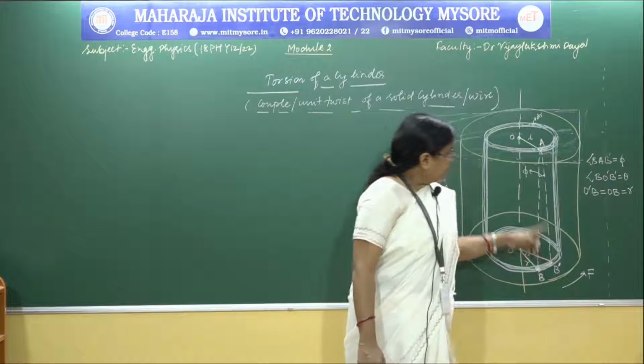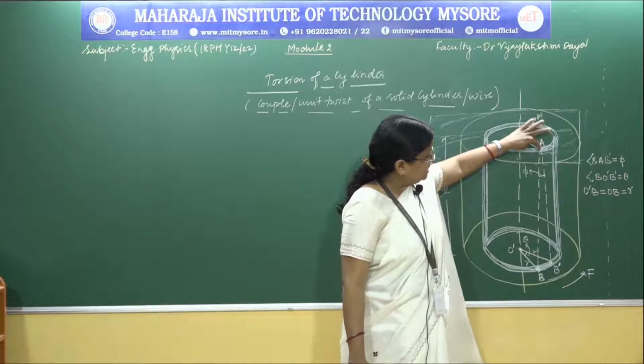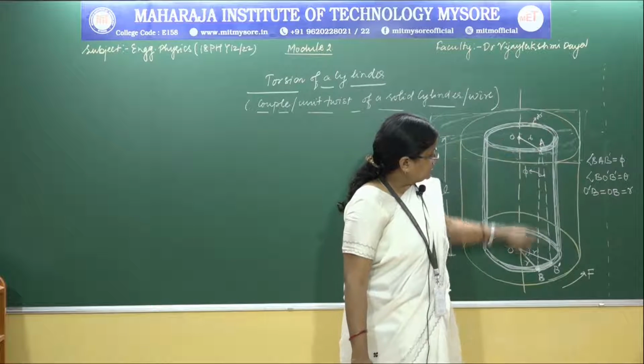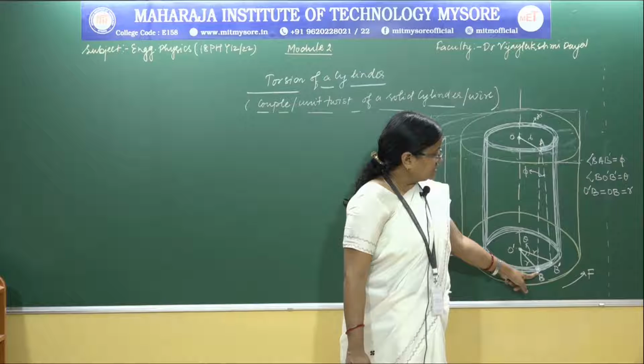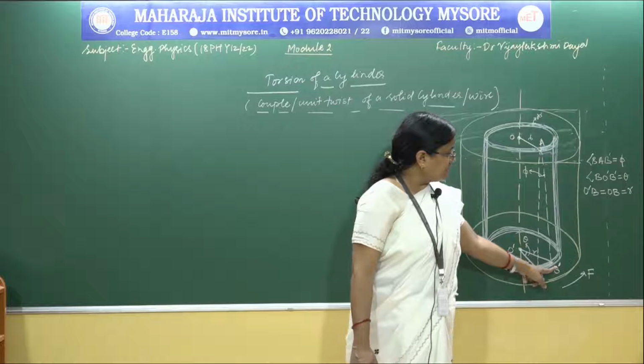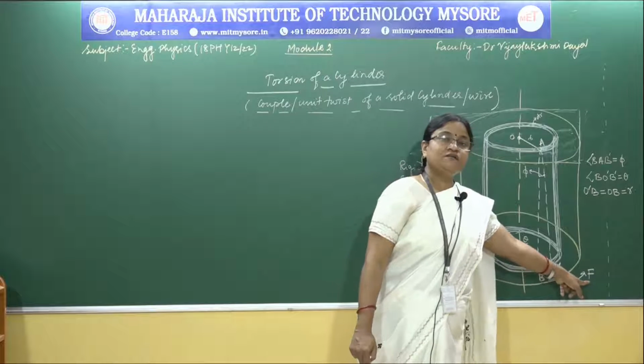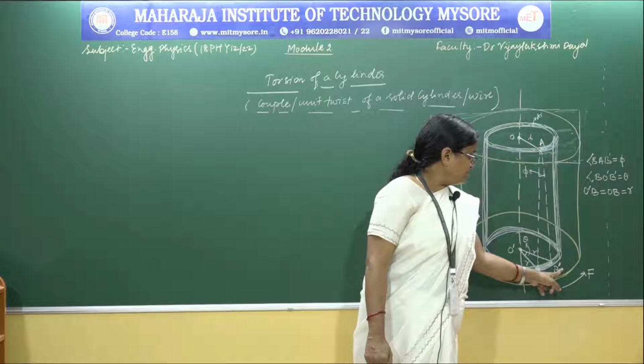If we consider a rigid point A, the original point at the lower surface is B, and the shifted point after the application of the angular force is B dash.